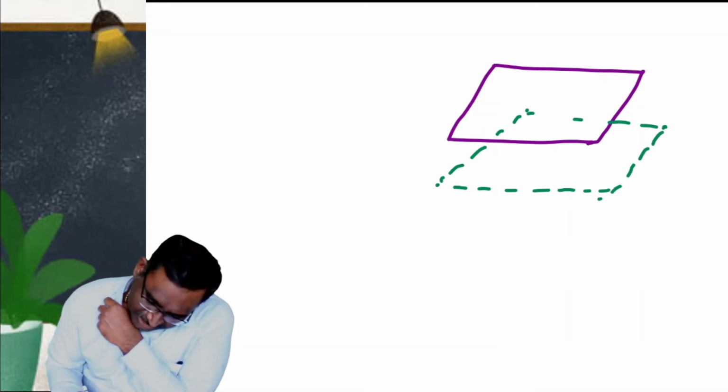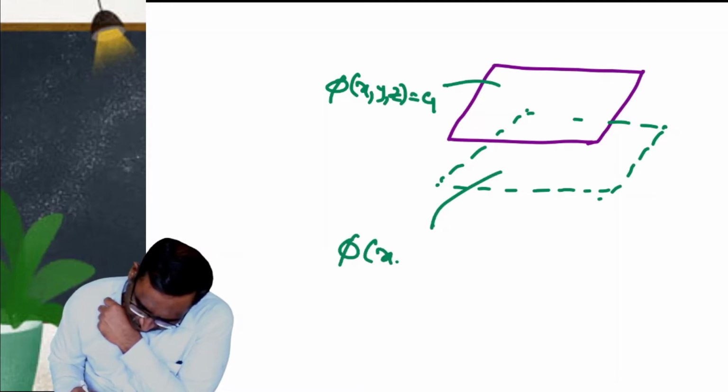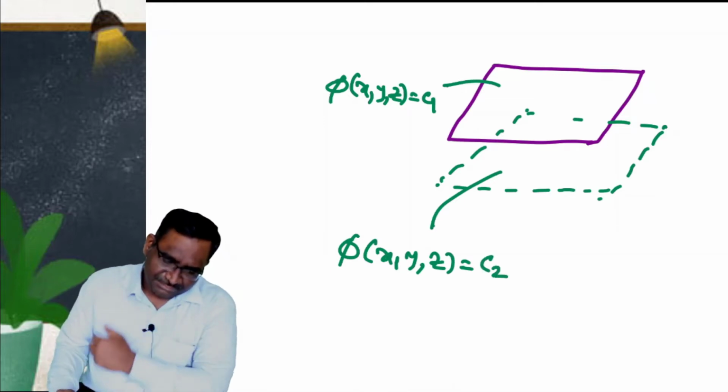So for this, phi of xyz is equal to C1. For this, phi of xyz is equal to C2.